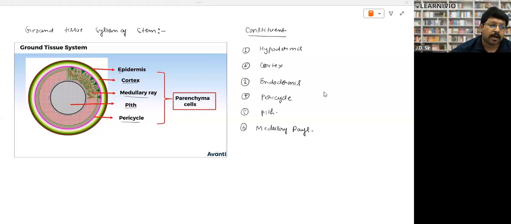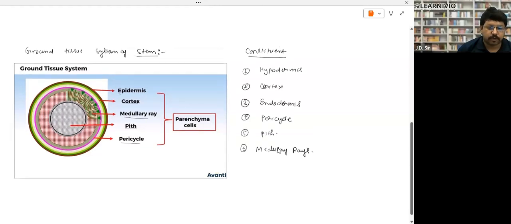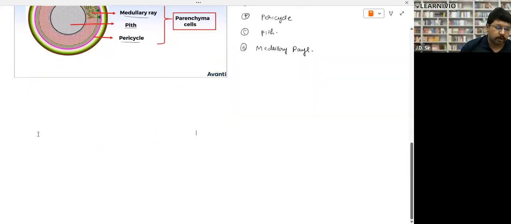These all are the part of ground tissue system of stem, right? Try to understand what exactly I'm explaining. Many parts can be there in ground tissue of any stem, but plants are basically of two types. What? Monocot and dicot, right?